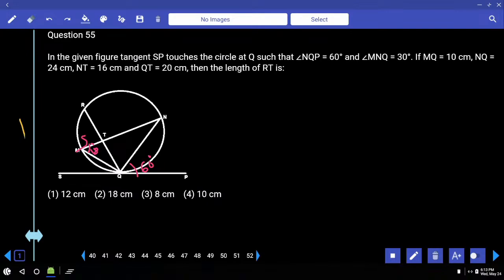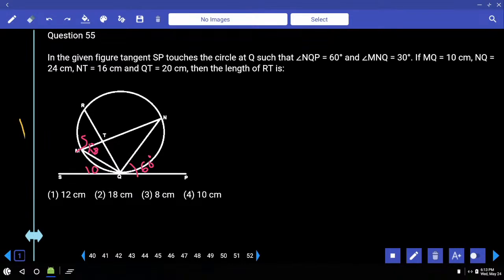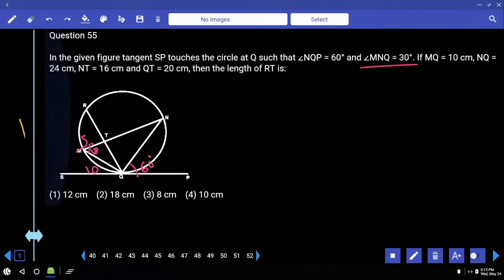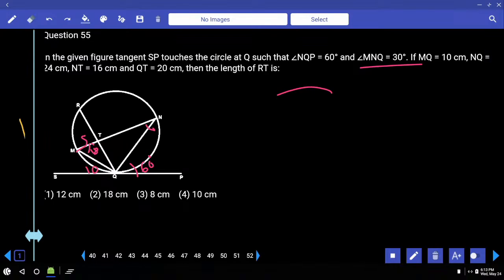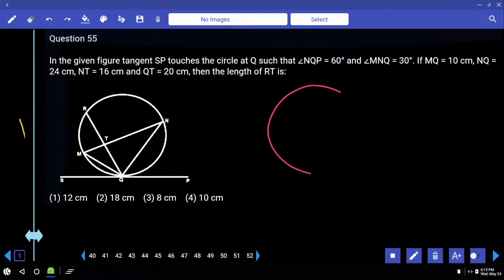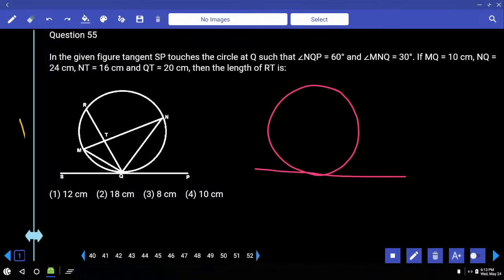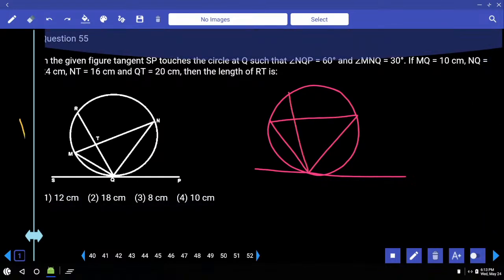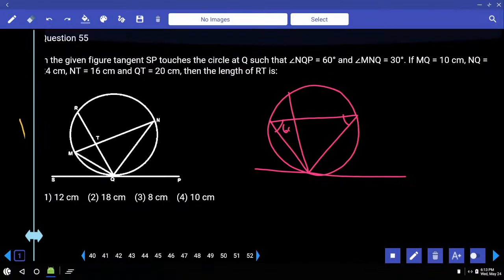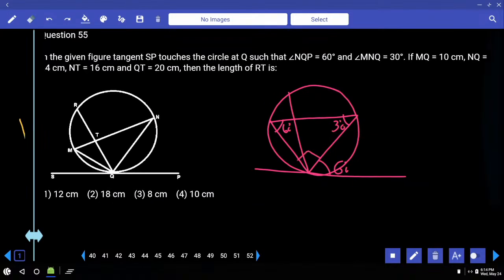And one more thing, MQ is 10, and M and Q is 30. This is 30. Let me draw the figure here. Since this is 60 and given that this is 30, this should be 90.